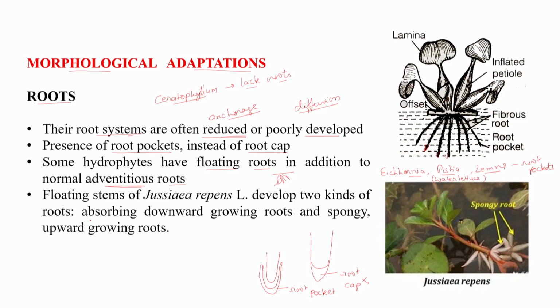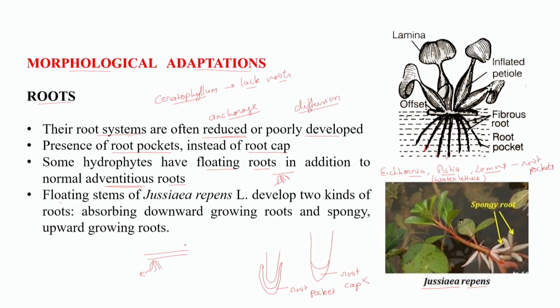Then some plants will have floating roots. From the stems of this particular species, Jussiaea repens, two types of roots come out. One grows downwards and helps in absorption.